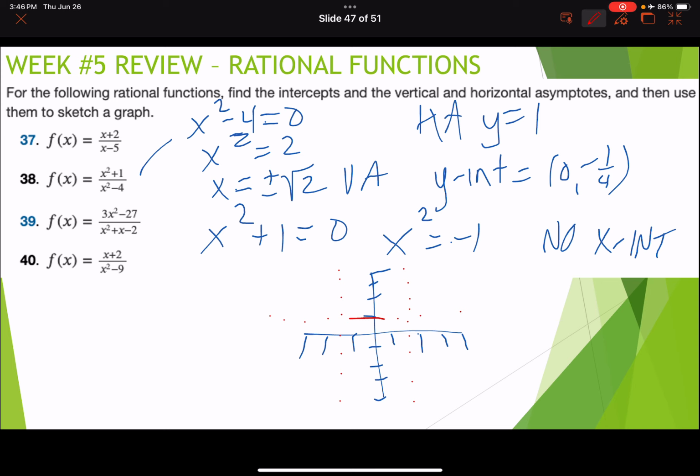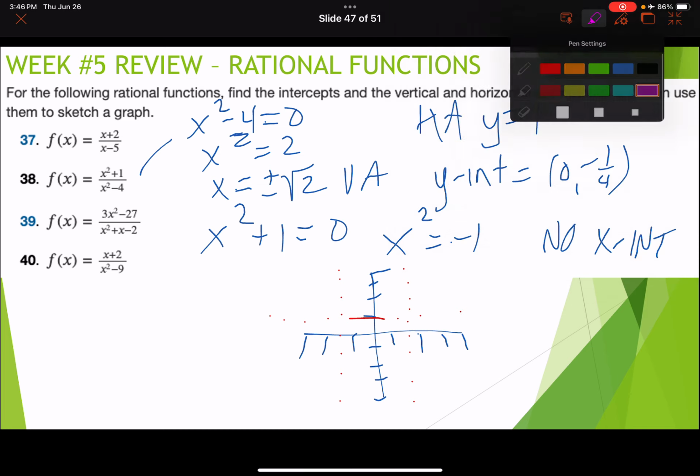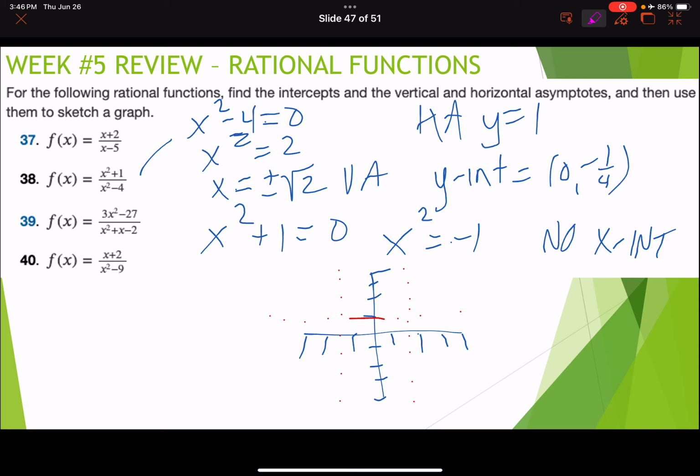There's no x-intercept, so we know we're not going to be anywhere near the x-axis. So if we did this one, let's see what happens when x is 0, at negative 1/4. So that's down here, right?